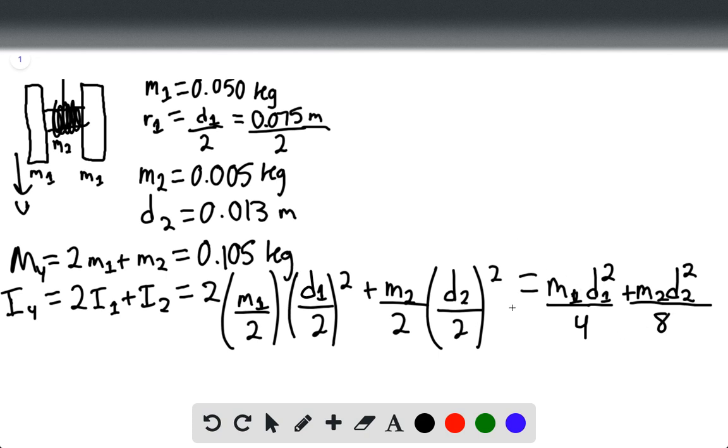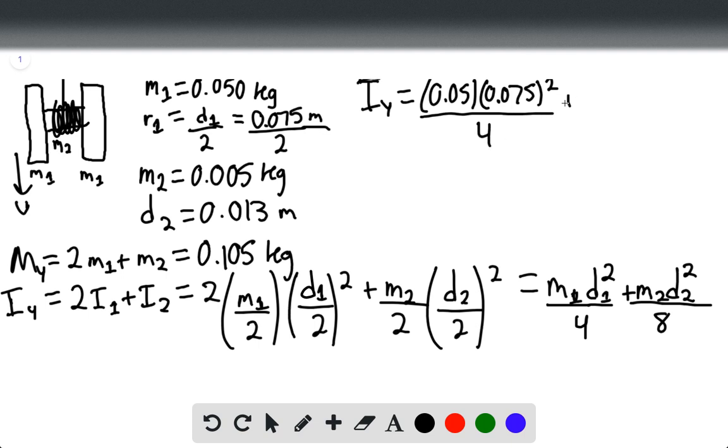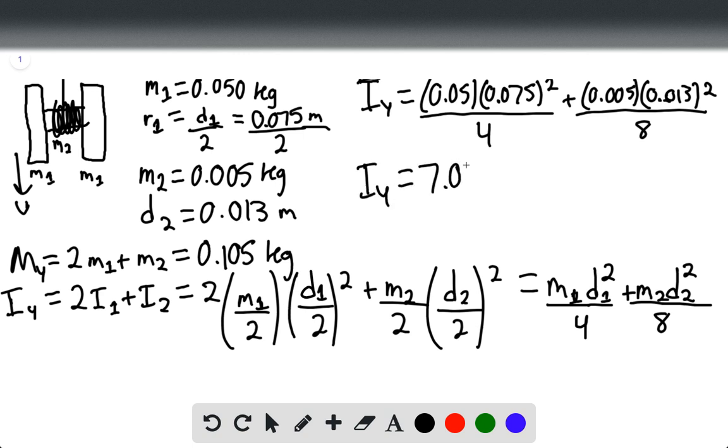So to find the moment of inertia of the yo-yo, we're going to have to use this. So we'll have I of the yo-yo equaling 0.05 times 0.075 squared over 4 plus 0.005 times 0.013 squared over 8, and I of the yo-yo equals 7.042 times 10 to the negative 5th kilogram meters squared.